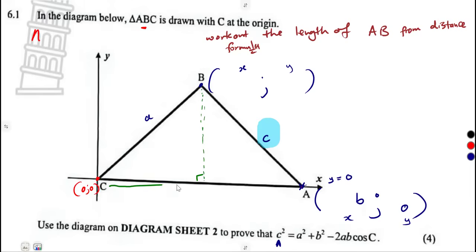This distance from C to this point, the value that is here, that's our X value at B. Then the distance going up vertically corresponds to the Y.